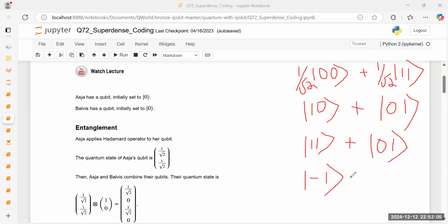And if we apply the Hadamard operator to the 0 state, we're going to get the plus state. So we have the minus state after applying the Hadamard, and the plus state after applying the Hadamard.